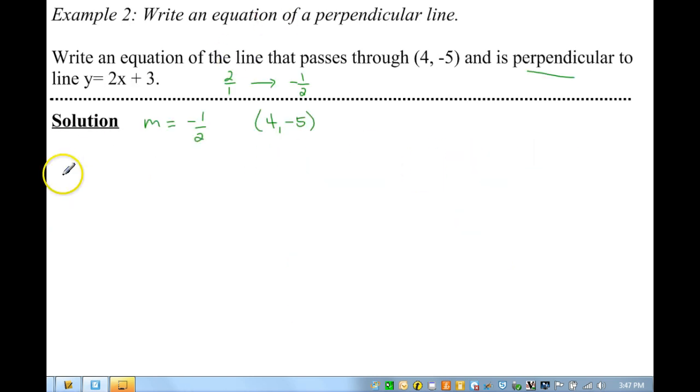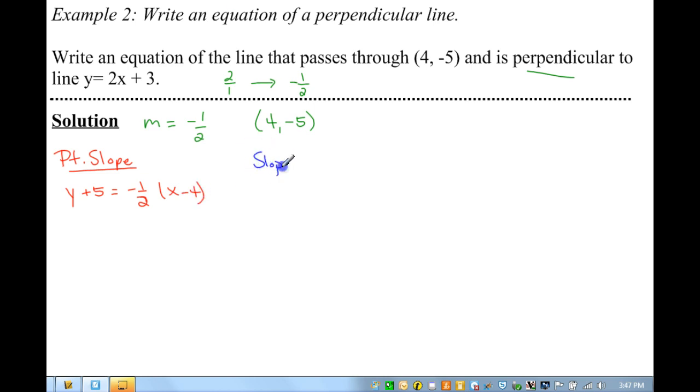If you would like to pick point-slope, which again I believe would probably be the easiest, I would do y plus 5 is equal to -1/2 times x minus 4.